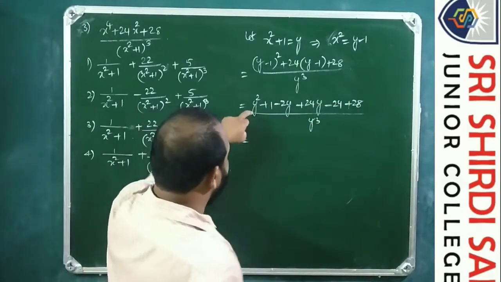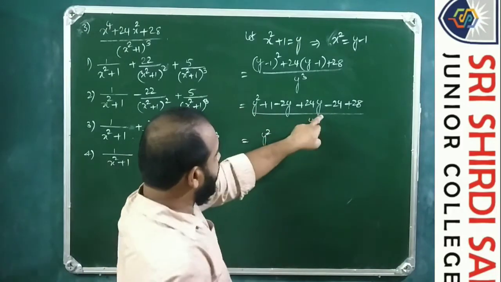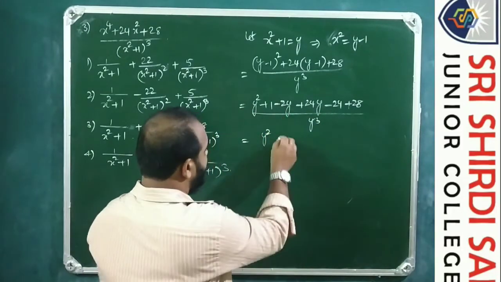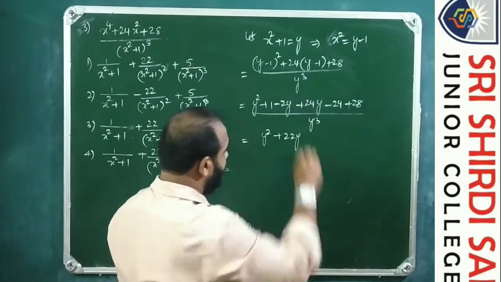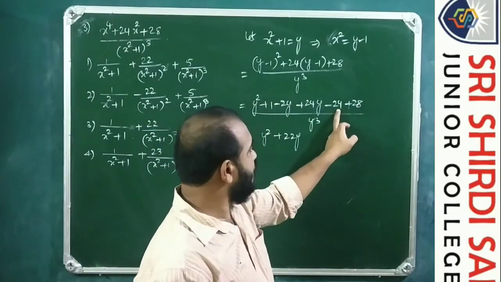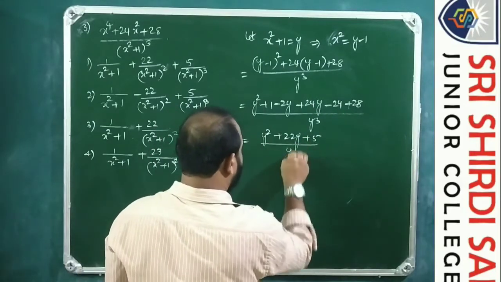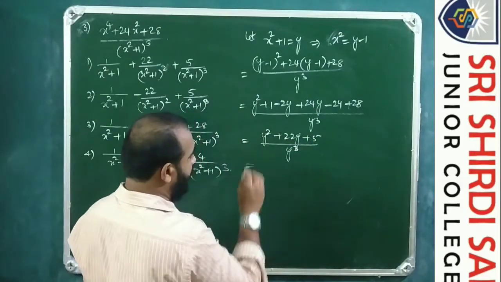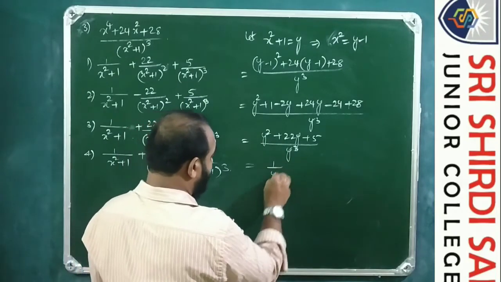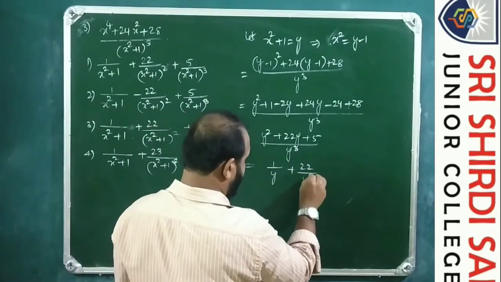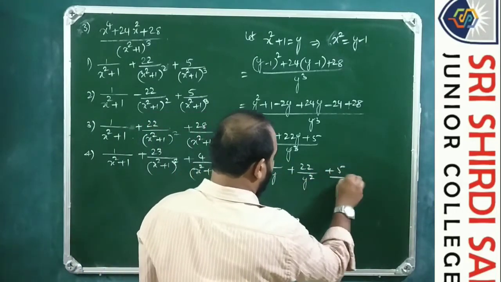So this is y square plus 22y, and 28 minus 24 is 4, 4 plus 1 is 5, by y cube. So this is y square by y cube, which is 1 by y, plus 22 by y square plus 5 by y cube.